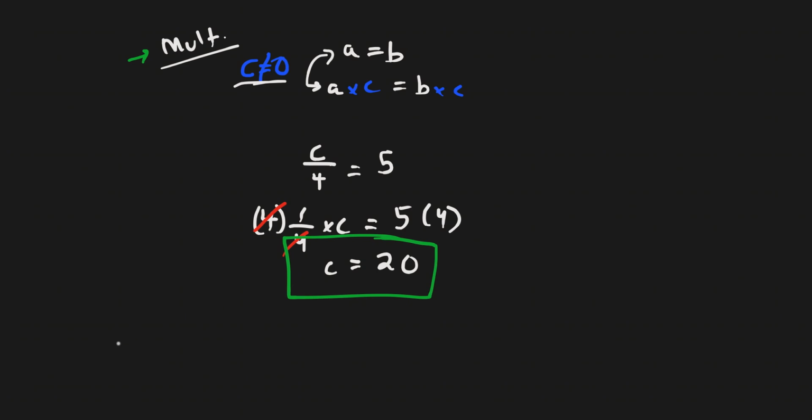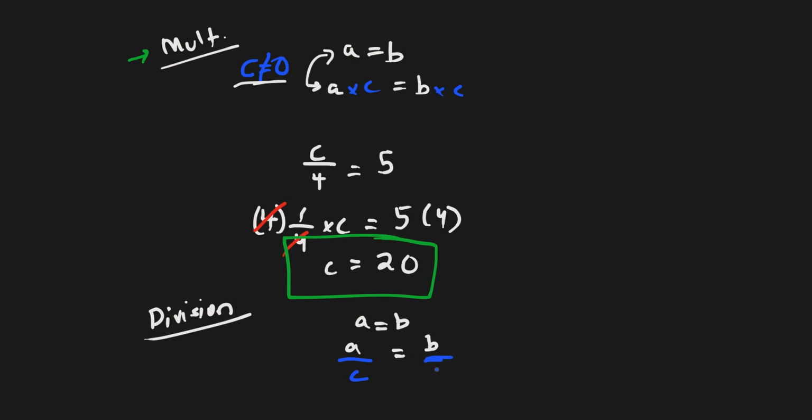Now let's jump into the division property of equality. It has very similar conditions. Again, if we think about a equaling b, if we divide both sides by a value c, basically multiplying by 1 over c, this is going to be equivalent to b divided by c.